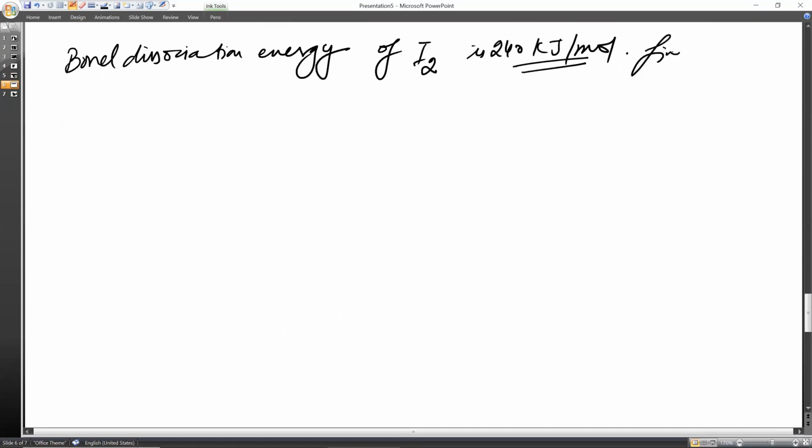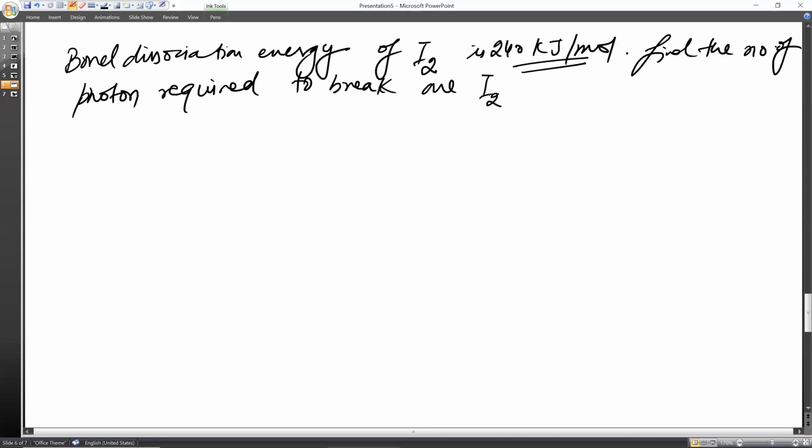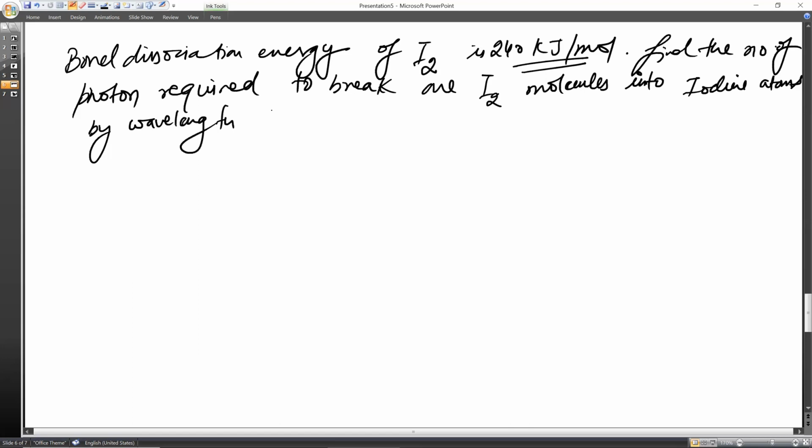Find the number of photons required to break one I2 molecule into iodine atoms by wavelength of 5000 angstrom. Do this one.